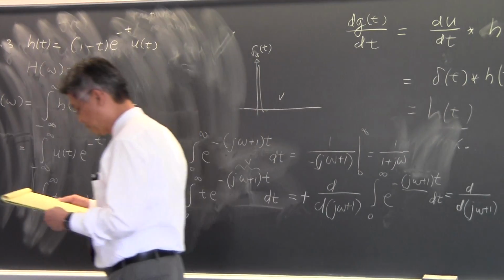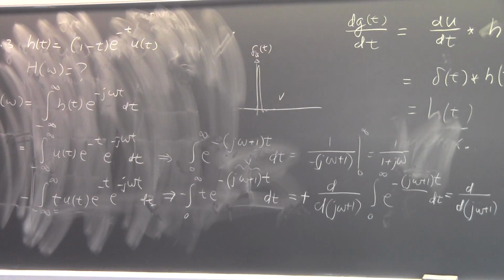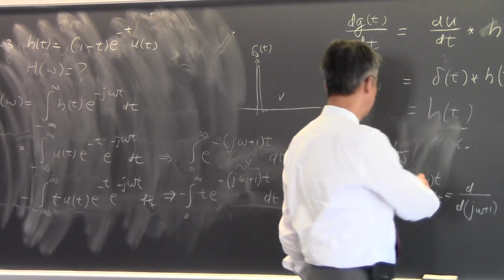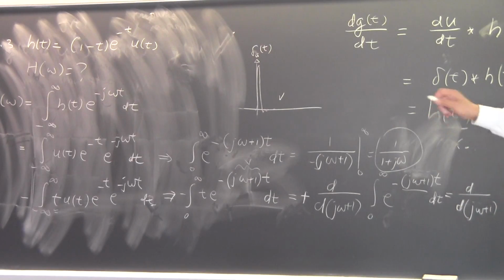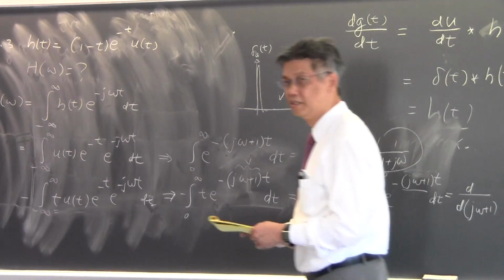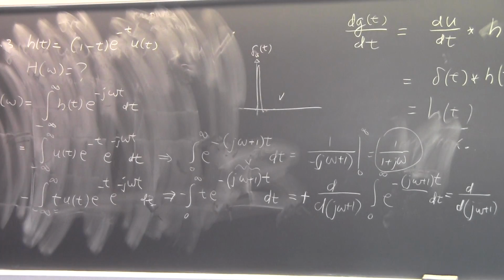So then you can combine the two terms. You combine this term together with that term, and you get the Fourier transform of the whole thing. Or you can do a table lookup. Is t e to the minus t in the table?